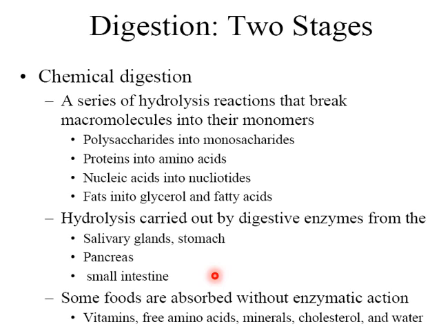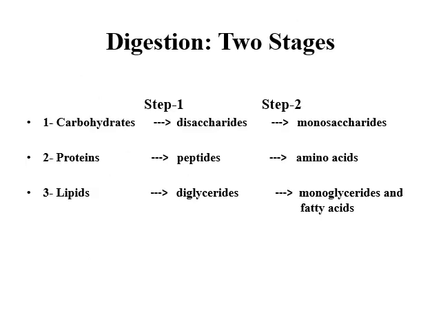Certain foods, of course, are absorbed without enzymatic action, for example vitamins and minerals. So in chemical digestion, carbohydrates are broken down into disaccharides and then monosaccharides, proteins into peptides and then amino acids, and lipids into diglycerides and then monoglycerides.